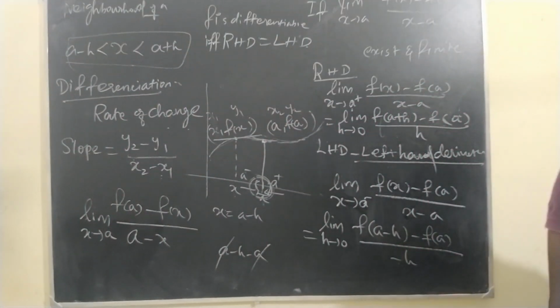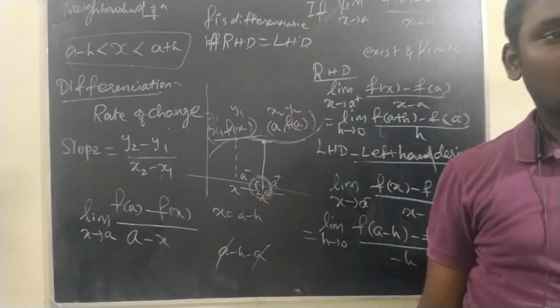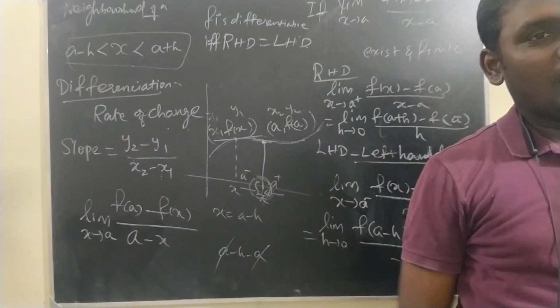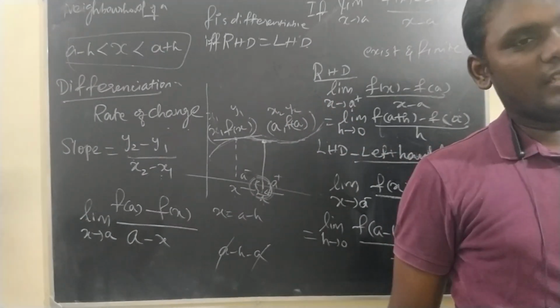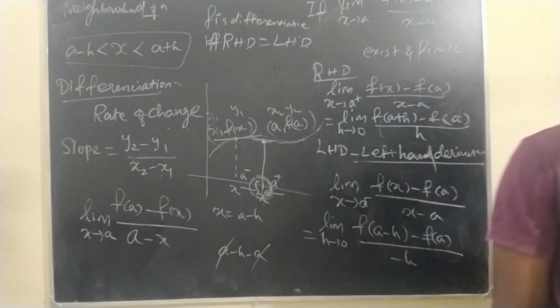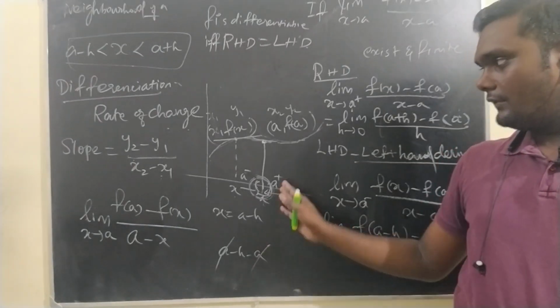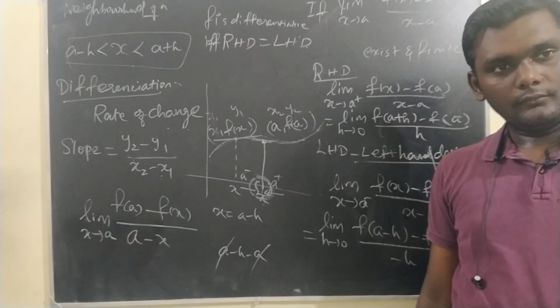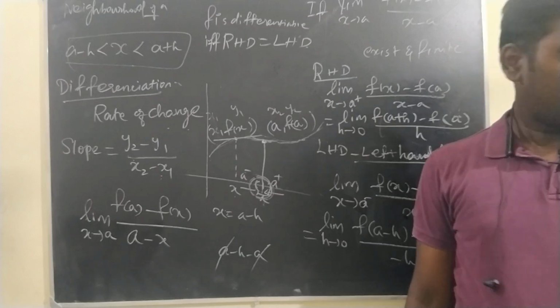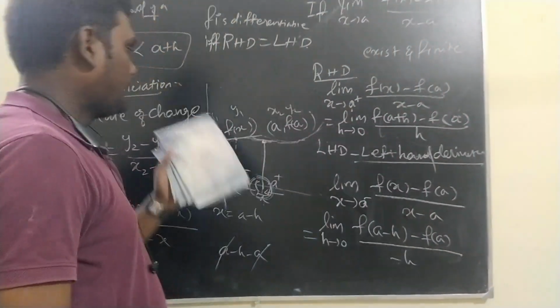Okay. Any doubts in this? Suppose this is not equal, we may say it is not differentiable. Yes. Start writing this graph now. Doubt? Okay. I will draw this graph once again.